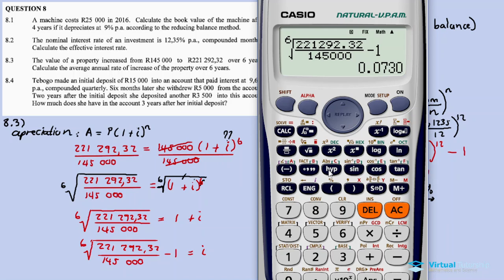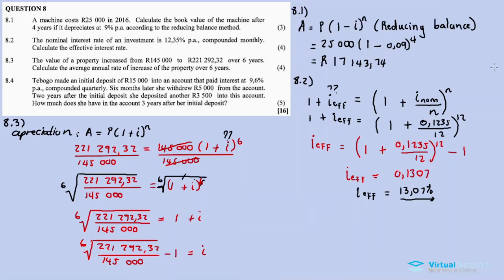So in 4 decimal places, times 100. Yes, times 100 is equal to 7.30 in 2 decimal places. In 2 decimal places, the i is going to be equal to 7.30.